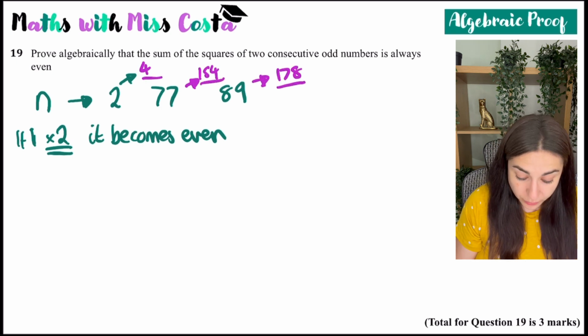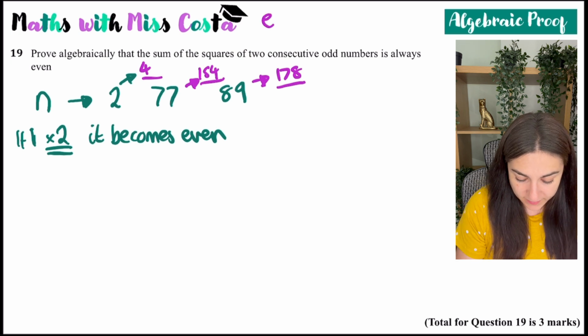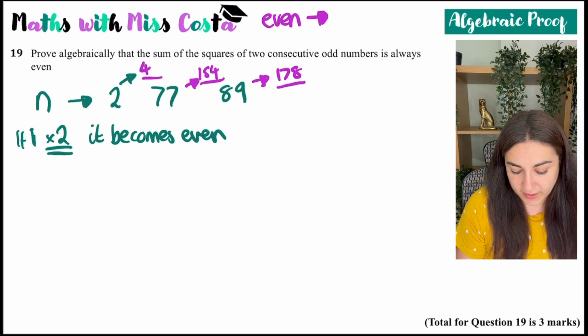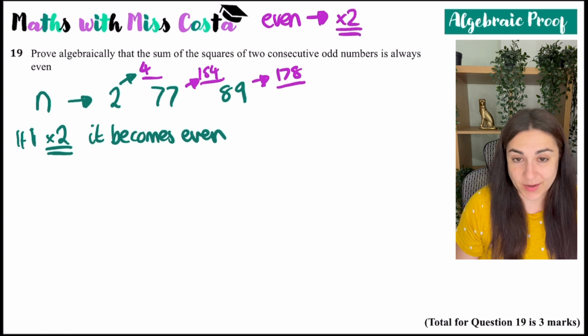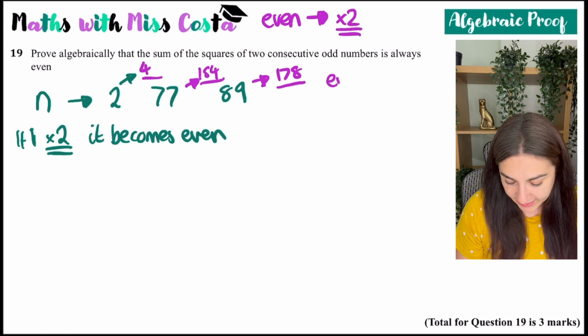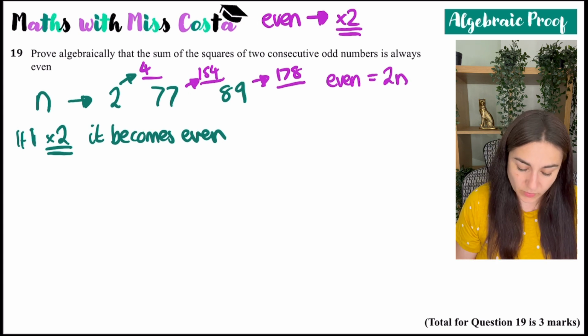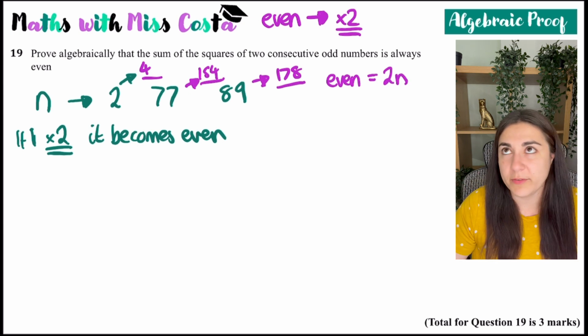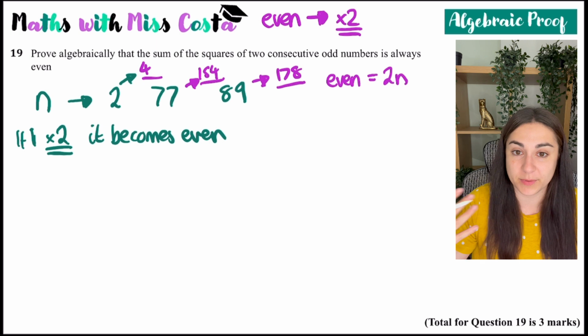So in order to prove something is even, you just show that it's a multiple of 2, so you can times it by 2. Generally we say that any even number is represented by 2n, because whether n is odd or even, if we times it by 2, it will still be even.